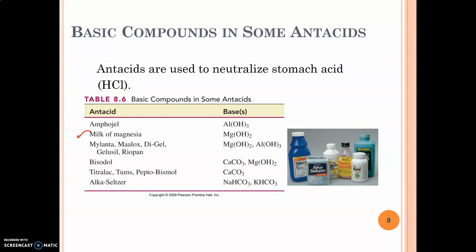So to treat that, it's an acid, so to decrease the effect of that acid, you need a base. There are many medicines as examples of that base. One of them is milk of magnesia, and there are also tablets.